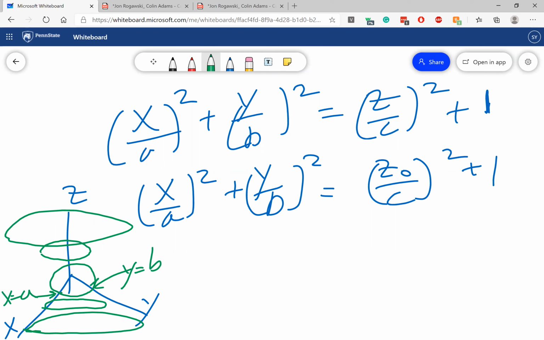Now let's think about one of the other directions. Let's think about the y direction for a second. So let's fix the y, move it to this side, then move this to the other side. So that would give us x over a squared minus z over c squared is equal to negative y over b squared plus 1.